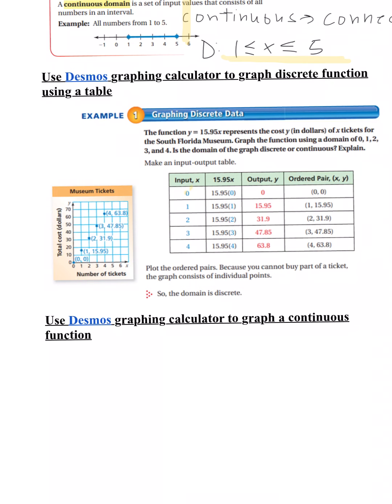That's why it's discrete. And the second part is they tell you what your domain is specifically: 0, 1, 2, 3, and 4. That's why this domain is discrete. You notice in the graph, it is a bunch of points on the graph. They are not connecting.